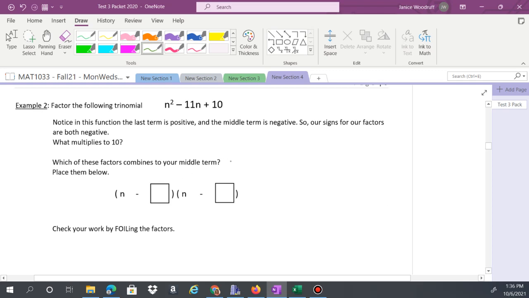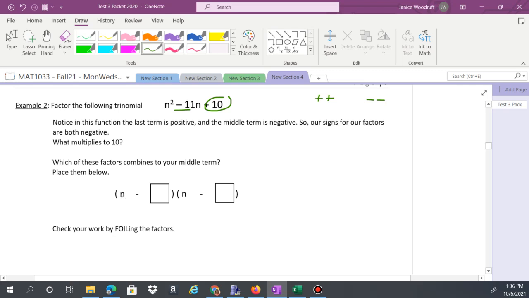Okay, let's look at this next example. You have n squared minus 11n plus 10. Notice that the last term is positive and the middle term is negative. So the signs for both factors are going to be negative. I know that because something that multiplies to a positive is either positive positive or negative negative. A positive plus a positive is a positive, and a negative plus a negative is a negative. So if the middle term's negative, then they're two negatives.